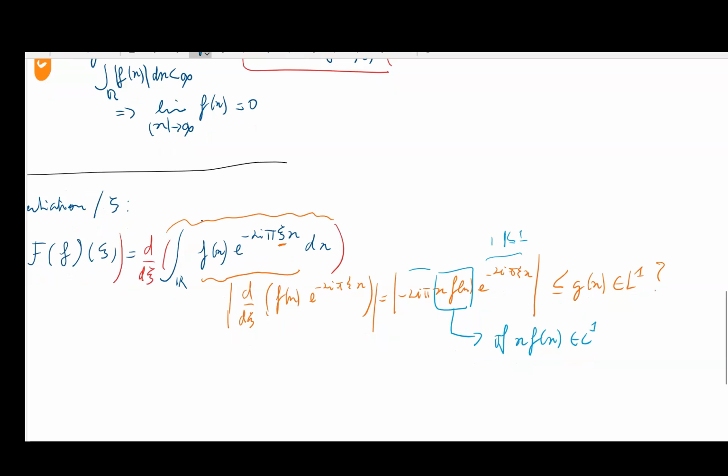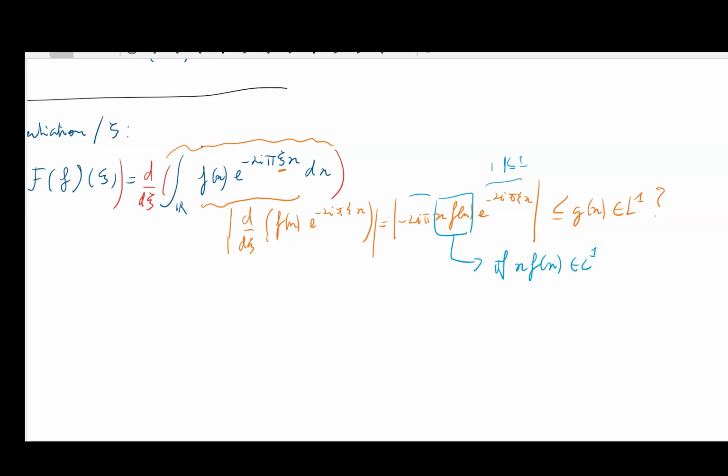So that is something we can do, and in that case we can apply the theorem, giving us that this is the integral of the derivative, so what's remaining is minus 2I pi times the integral on R of x f of x e minus 2I pi psi x dx. That is minus 2I pi times the Fourier transform of the function x times f of x.